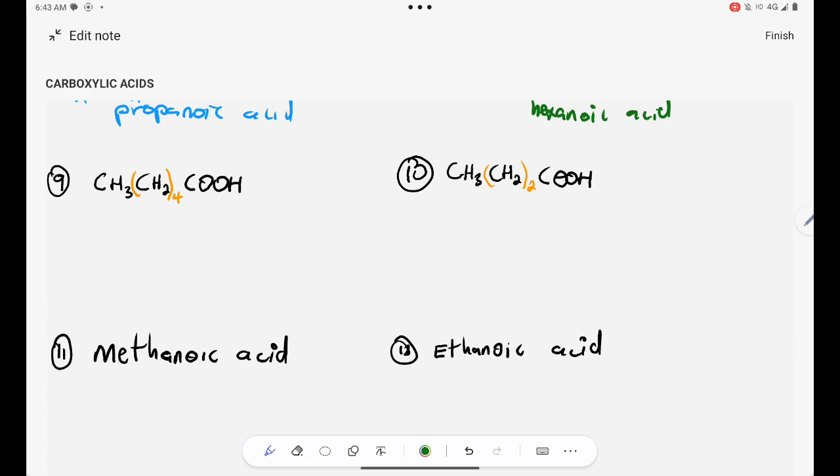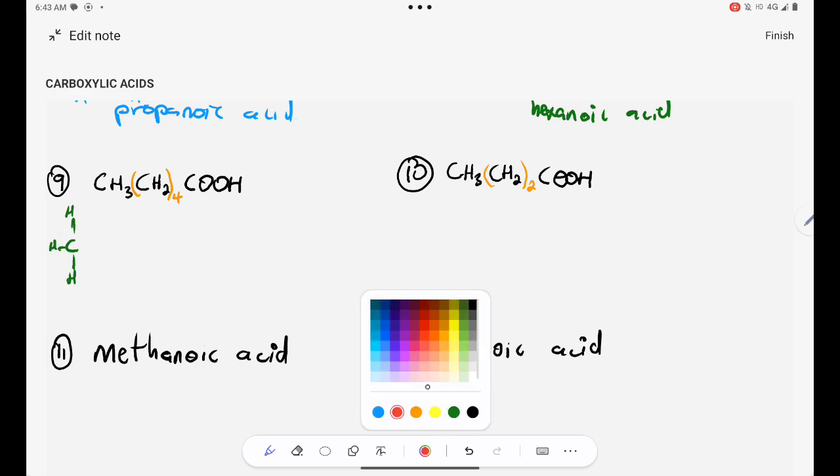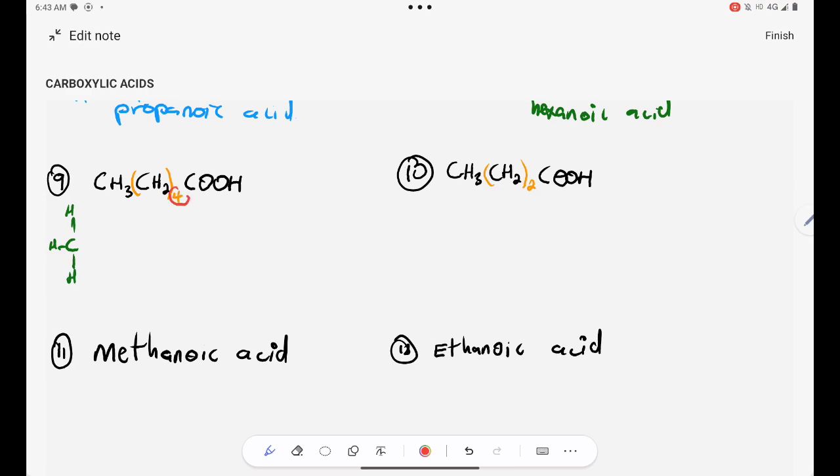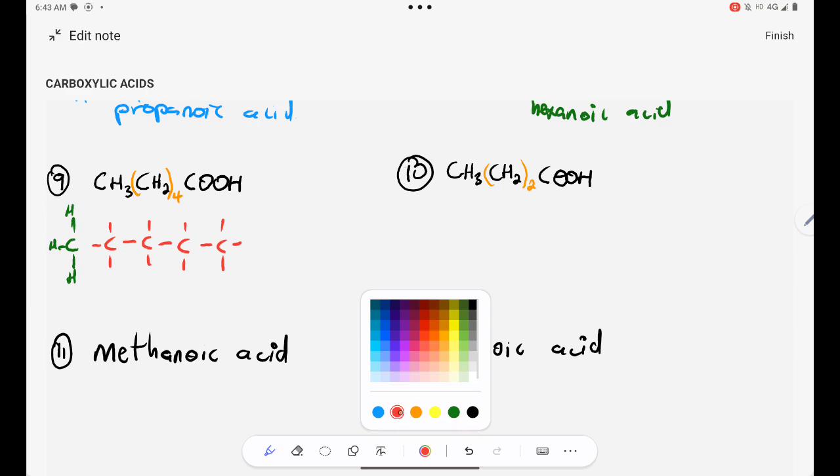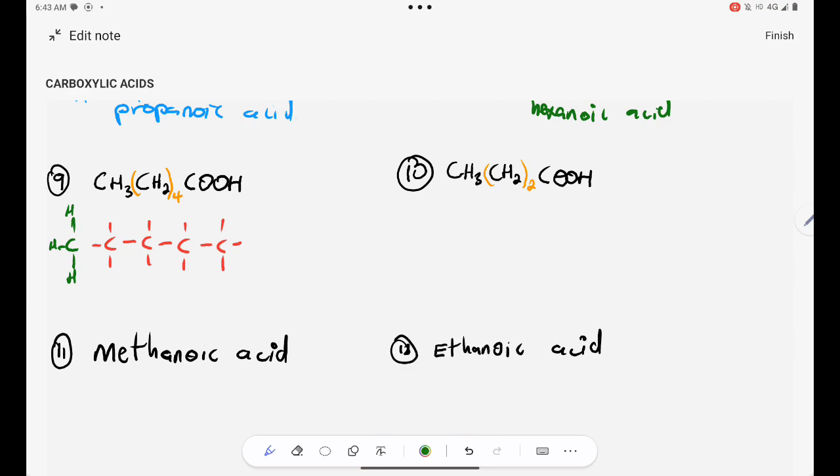Over here I have my CH3, and then I should have the CH2s, which would appear 4 times. That's CH2 number 1, CH2 number 2, CH2 number 3, and CH2 number 4. And then after that, I'll simply have a carbon with double bond O and then OH. All I have to do is to write down the hydrogens.